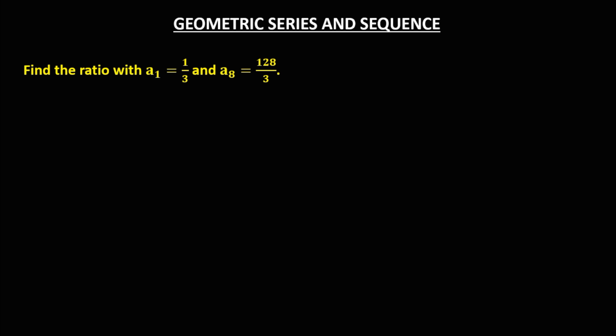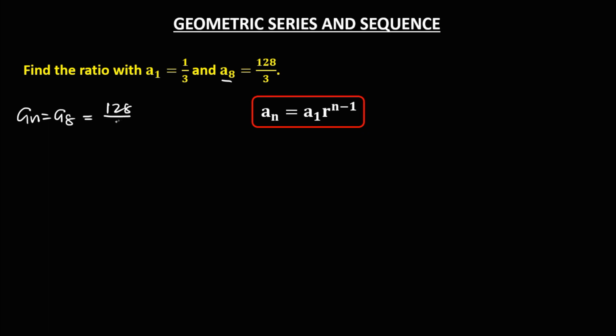Then for this given, find the ratio with the first term and the eighth term. Using this formula, a sub n, that's the eighth term, so that's a sub 8 and equals 128 over 3. Then for a sub 1, that's 1 over 3. Then n, since a sub n is equal to a sub 8, n is equal to 8.